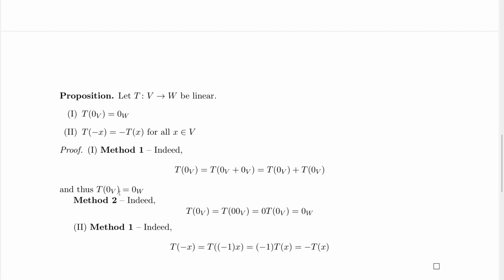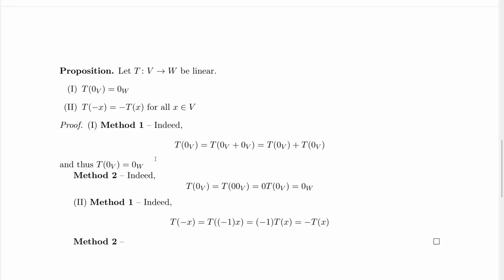So method one here is kind of the more natural one, because, again, our brains are kind of hardwired to see, ooh, negatives. That really means scaling by -1. That's always a trick we pull when we're working with an equation, and you're like, oh, I got a minus, well, I really have multiplied by -1, so let me work with that. All right. Method 2 now will be relying on the additivity, but it will also rely on point 1.